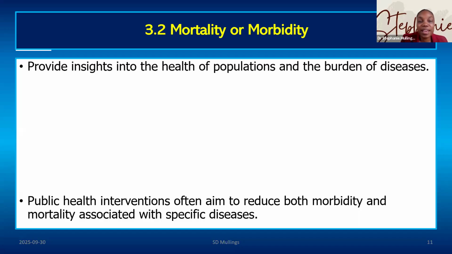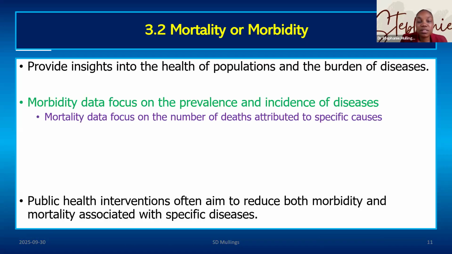So we're looking not just at an individual, but more so at the general population. When we think about prevalence and incidence, we're looking at morbidity, at those who are ill in the population.